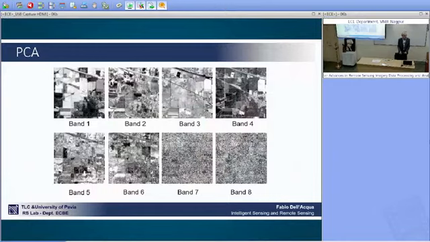conveying the same information. The disadvantage of this approach is that, as always in the case of PCA, you're basically untying the bands from their physical meaning.